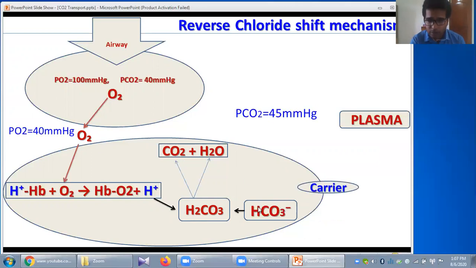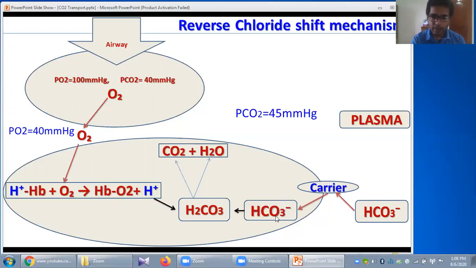As this intracellular bicarbonate is used for this reaction, the intracellular bicarbonate concentration will fall, and that will attract the entry of more bicarbonate from outside to inside. So again, there is this carrier molecule present in the red cell membrane that will transport the bicarbonate ion back into the RBC.